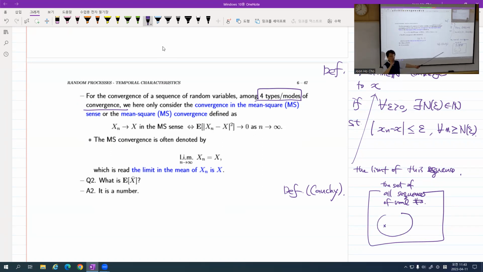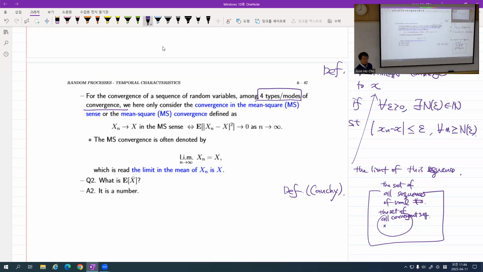For example, X of n equals 1 over n. So this point corresponds to a specific sequence of real numbers. And this is called the set of convergent sequences of real numbers. So if the limit exists, you can classify this as a convergent sequence.